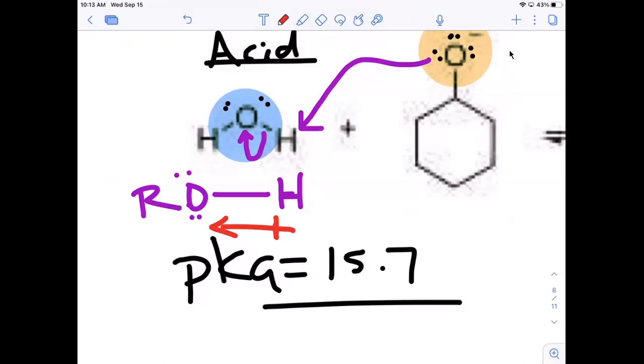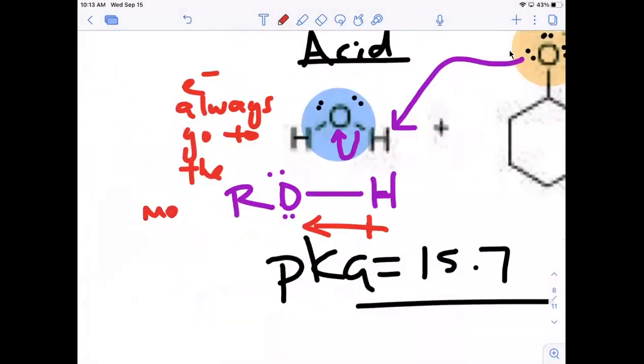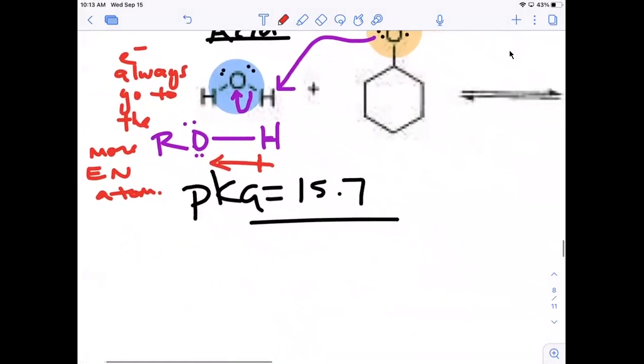So whatever atom the bond is polarized towards, that's the direction the electrons are going to flow when you break that bond. They always go back to the more electronegative atom.